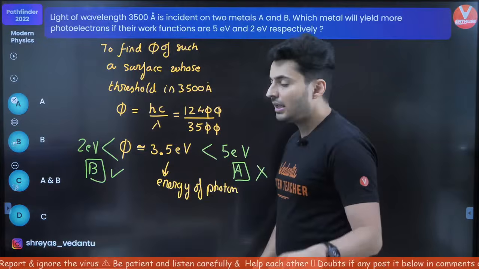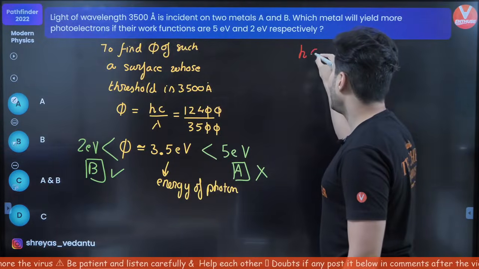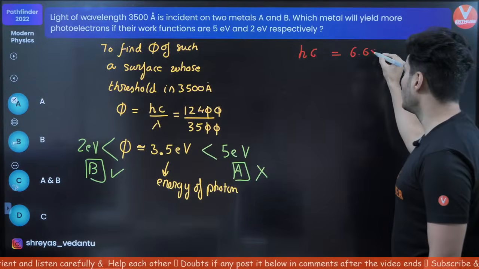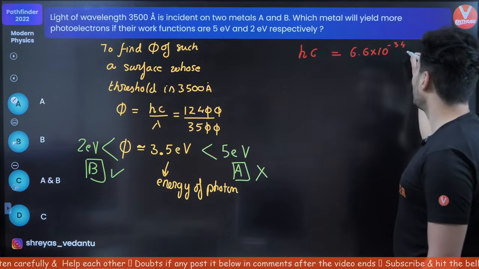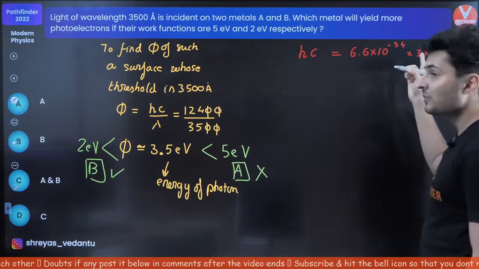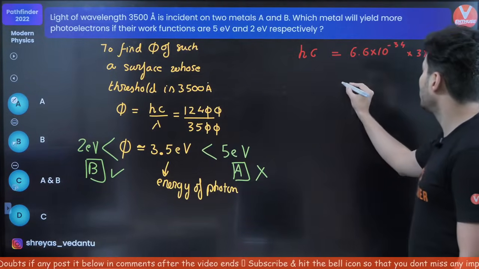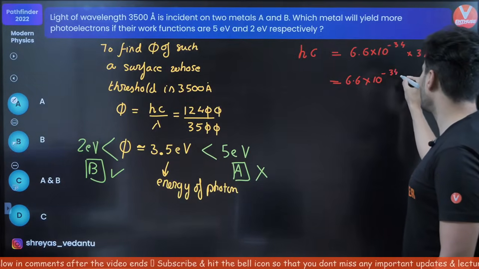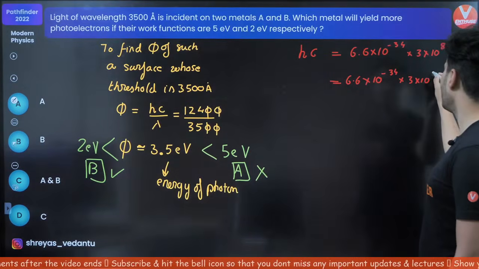So basically, when you substitute h and c's values, h's value is 6.6 into 10 to the power minus 34. c's value is 3 into 10 to the power 8. This will give you joules. Convert it into electron volt. So basically 6.6 into 10 to the power minus 34 into 3 into 10 to the power 8.